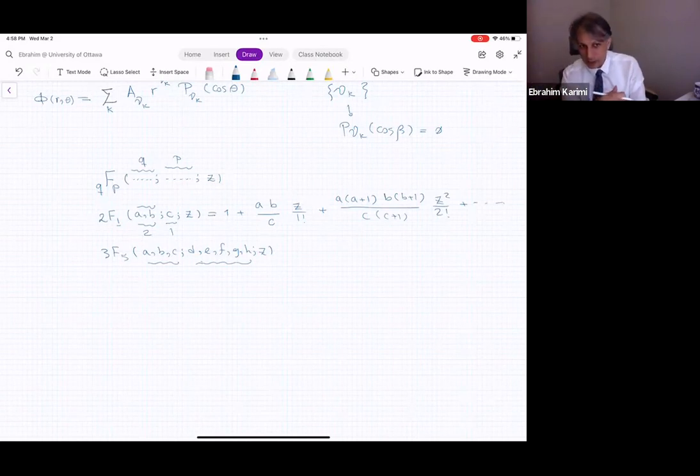What happens in the second label appears in the denominator as well. Okay, so it's a useful function.